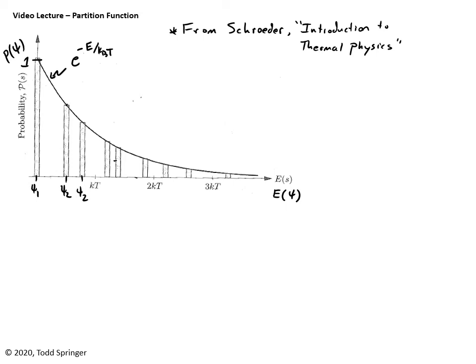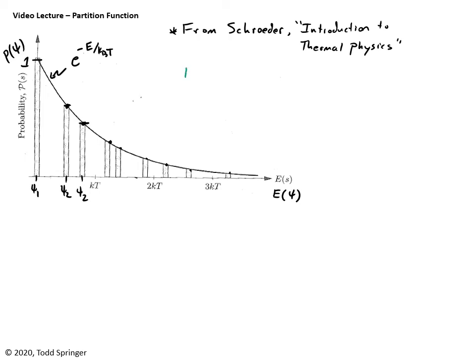So each of these bars is the value e to the minus E over kBT at these particular energies. Okay. So if you want, you can think about the height of each one of these bars as the value of the Boltzmann factor at that state.